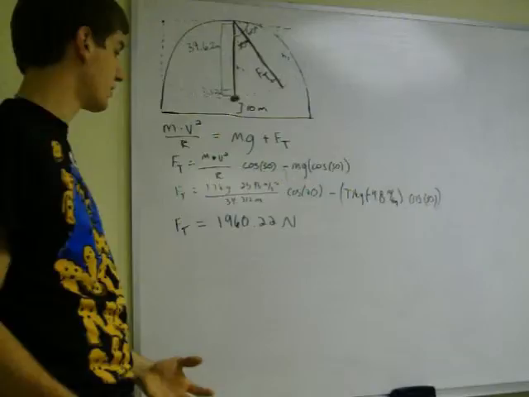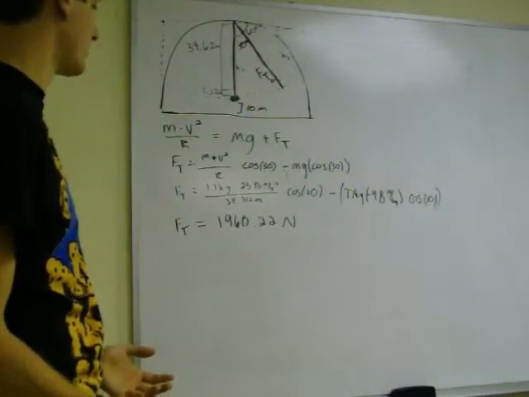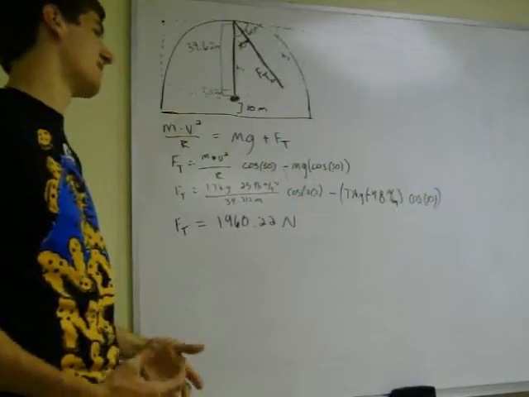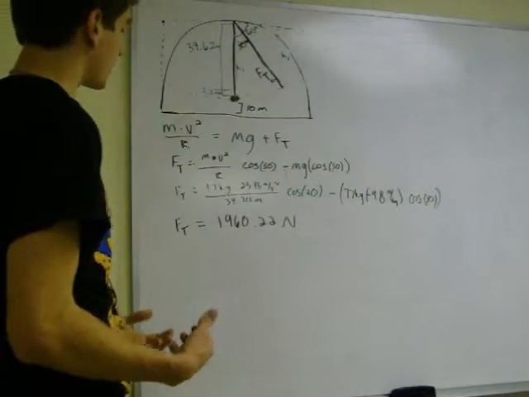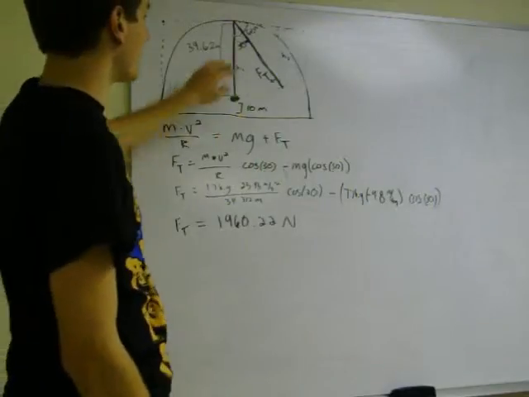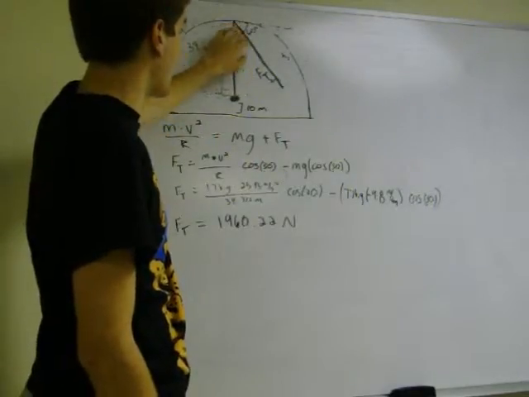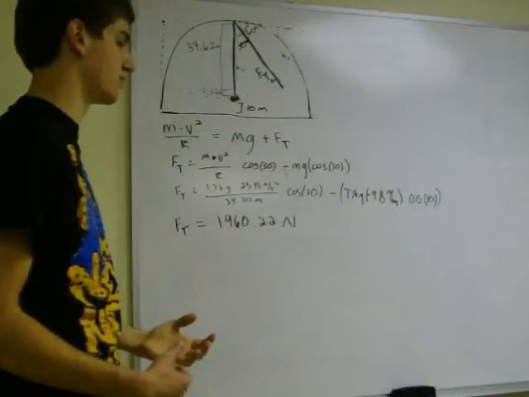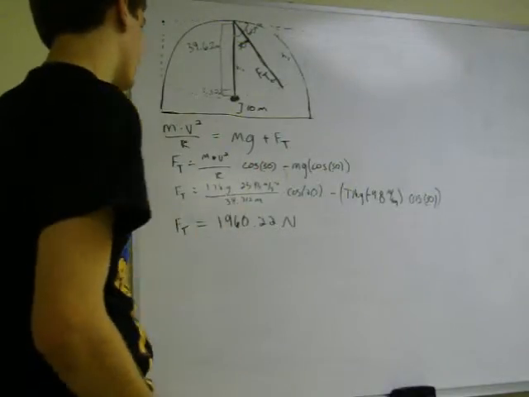So F of tension will then equal the centripetal force times cosine 30 minus the gravitational force times cosine 30. We're multiplying it by cosine 30 because we want that angle and the force at that angle. So using trigonometry, figured out as cosine.